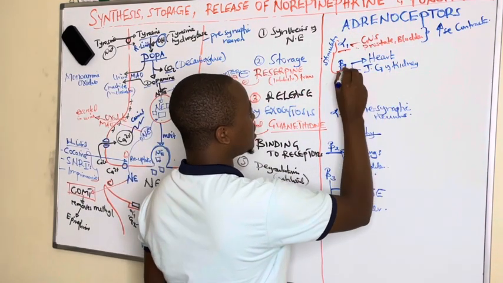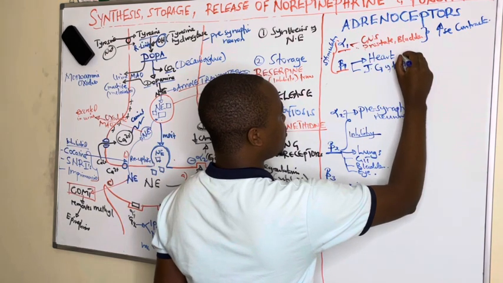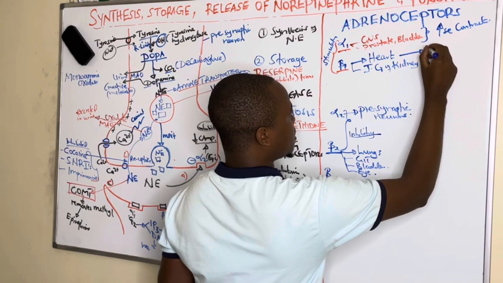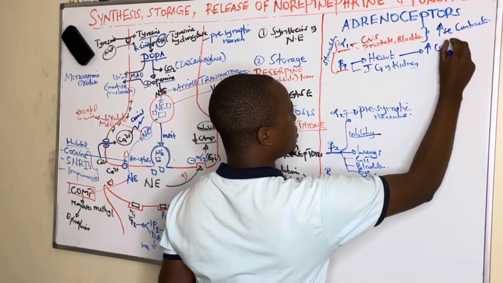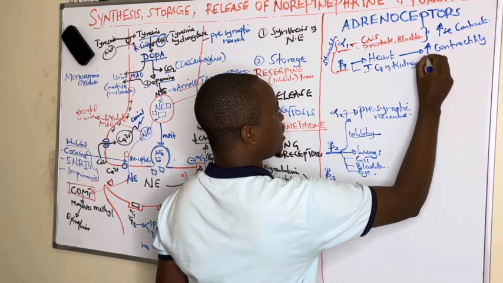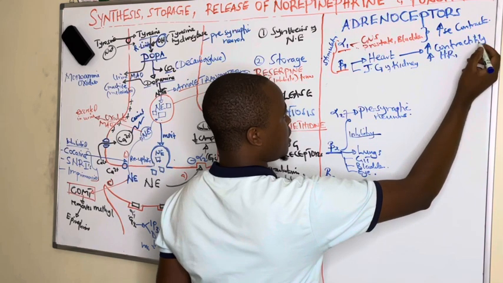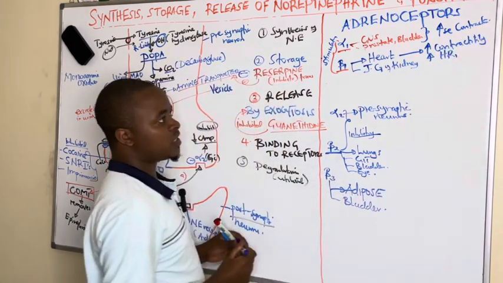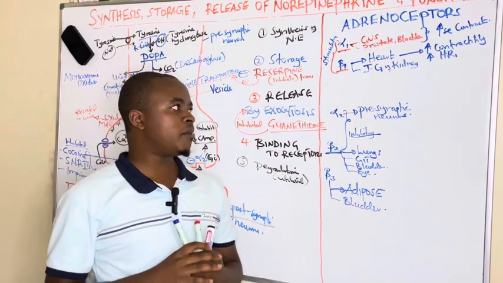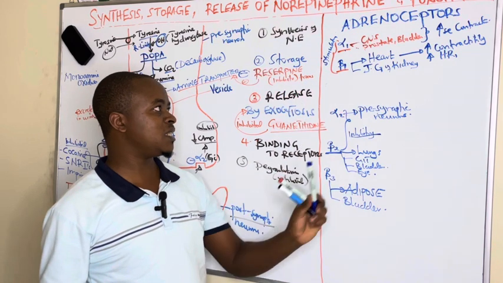Beta 1, which is found in the heart, is responsible for increased contractility of the heart and increased heart rate, because these ones are stimulatory, whereas the others are inhibitory.